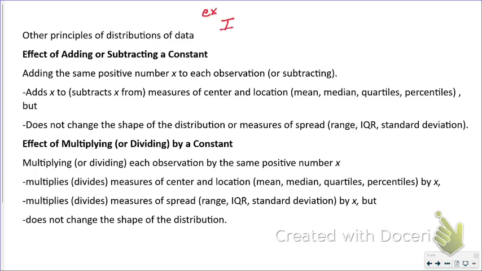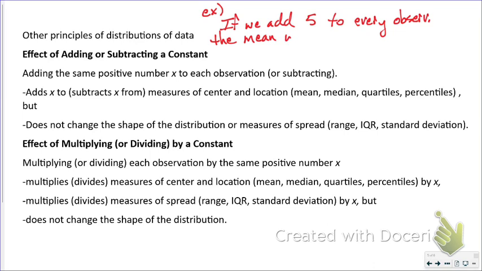So for example, if we add 5 to every observation, the mean will increase by 5, but the standard deviation will not change.